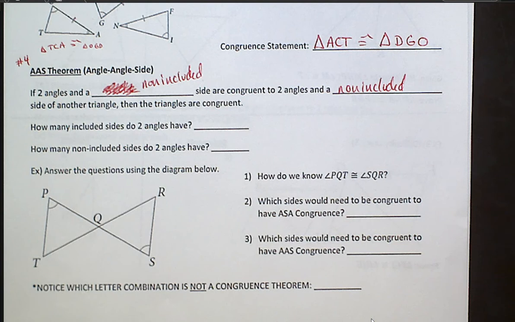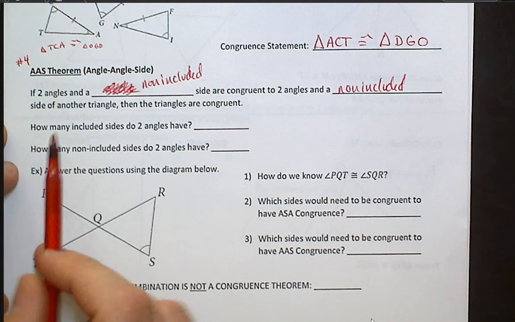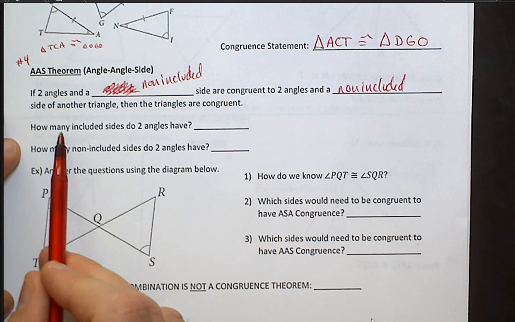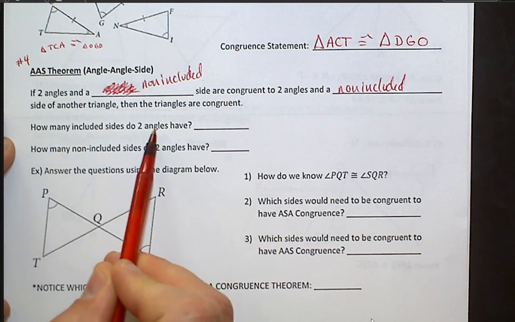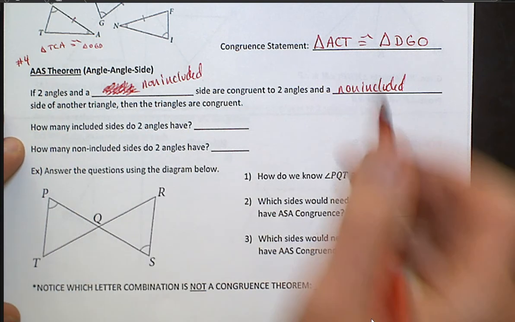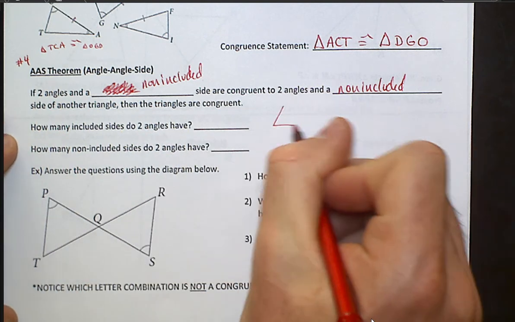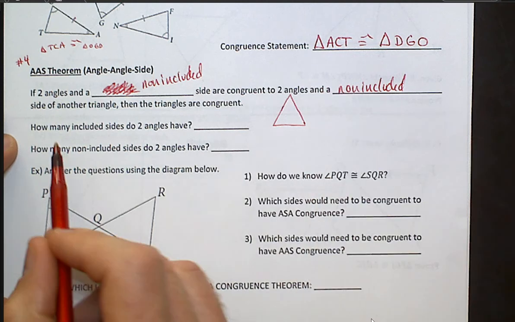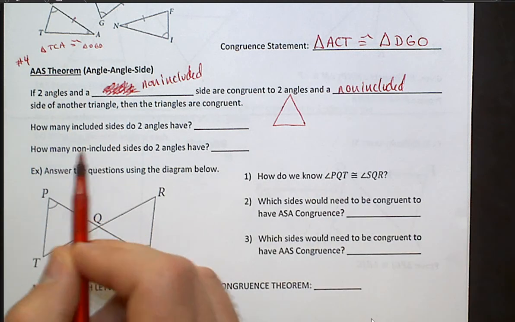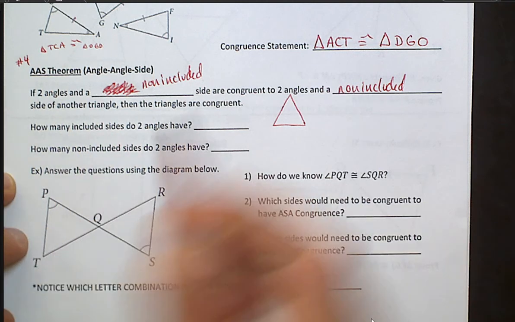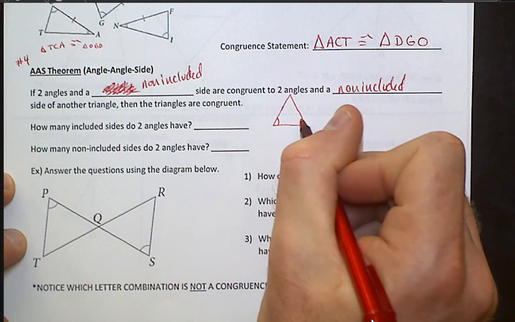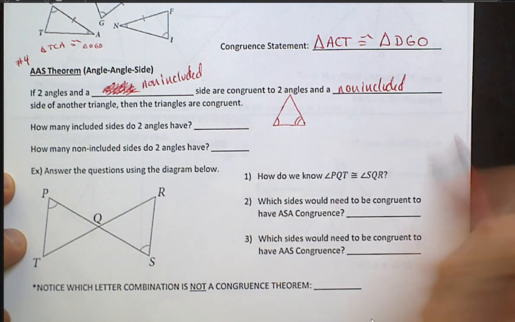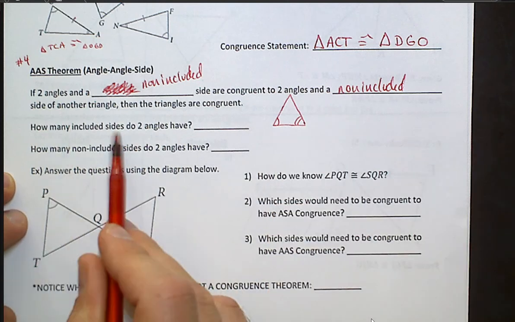Okay? So this question says, how many included sides do two angles have? Kind of a tough question. If you take a look and just draw a picture, here's two angles. How many included sides do two angles have?